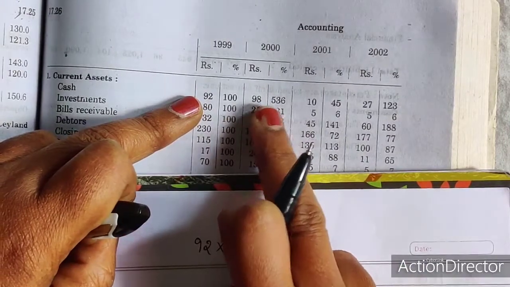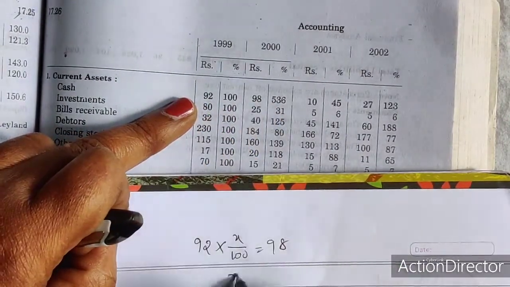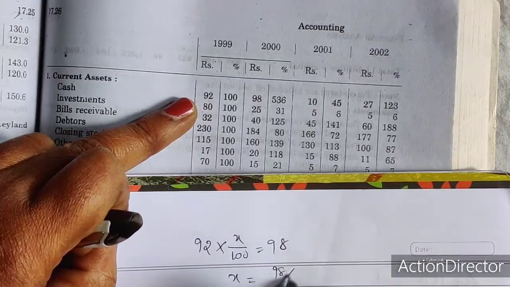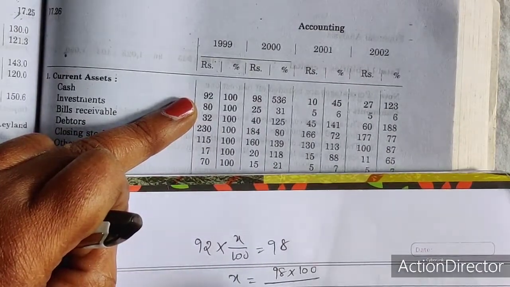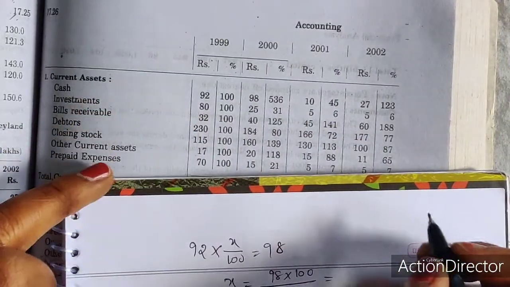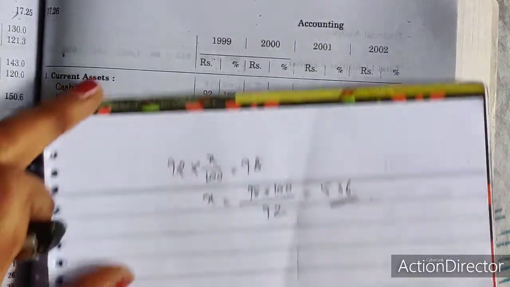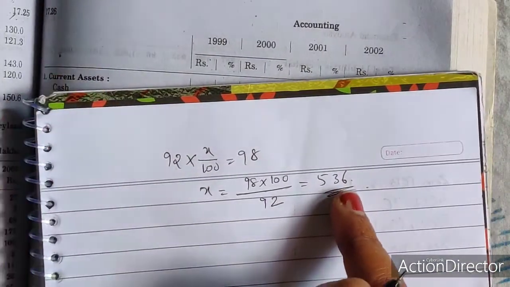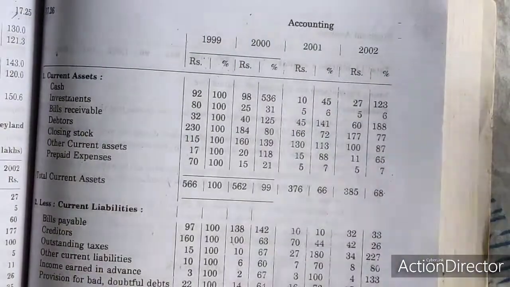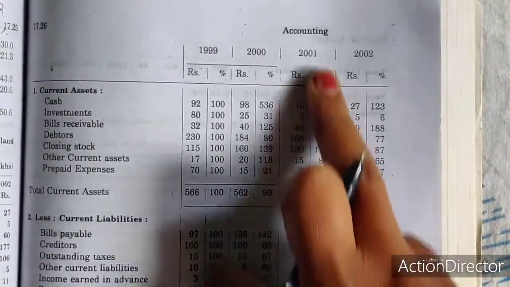We need to find out this amount's percentage in this base year. So x is equal to 98 into 100 by 92, which gives us 536%. In this way we need to find out all the percentages for the rest of the periods also.